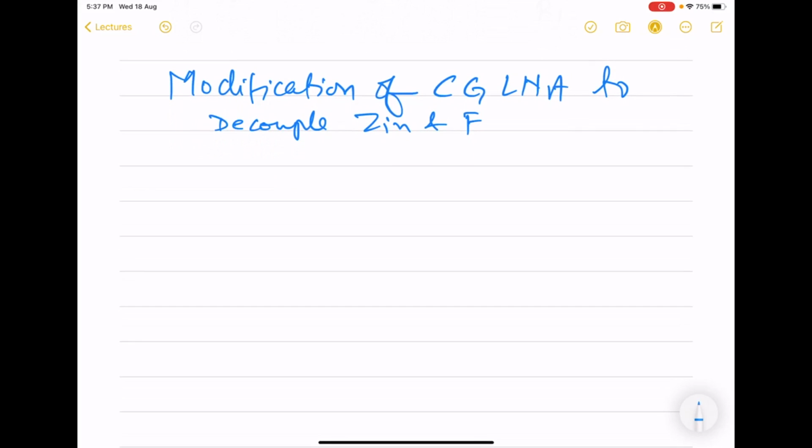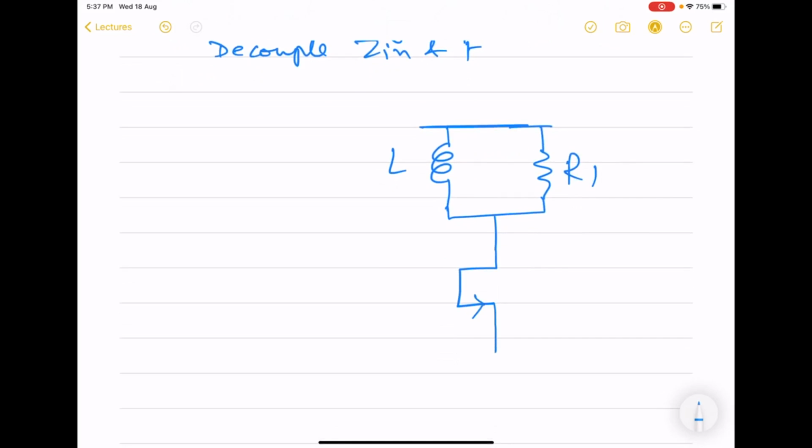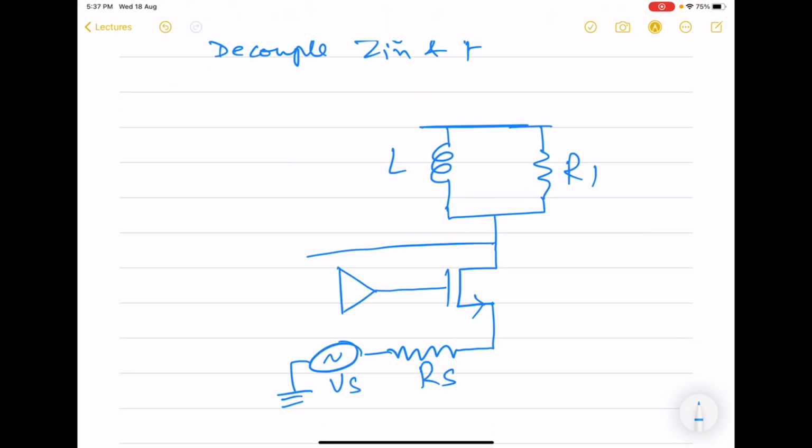So we introduce a feedback at the gate. So here we introduce a voltage feedback at the gate using a network which will be designated by alpha, its transfer function.